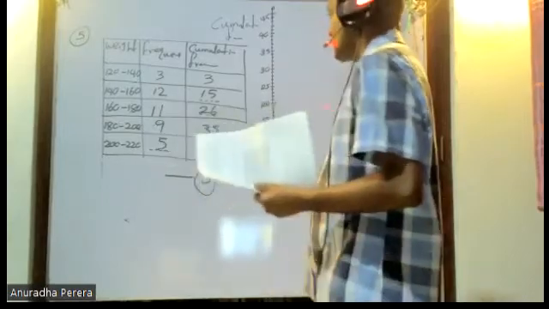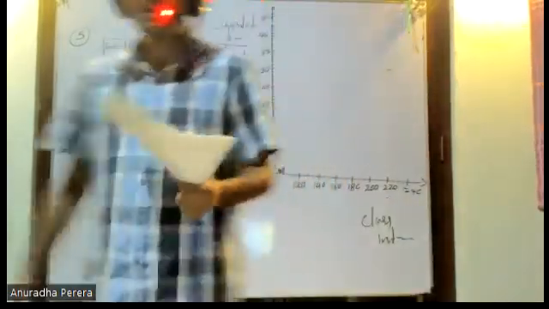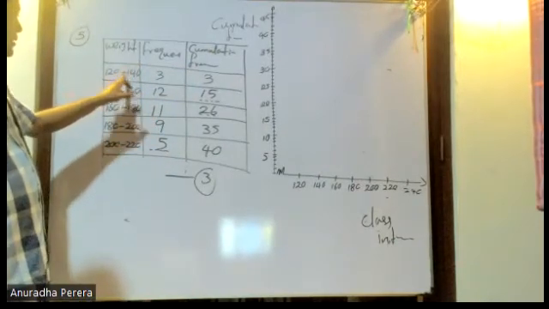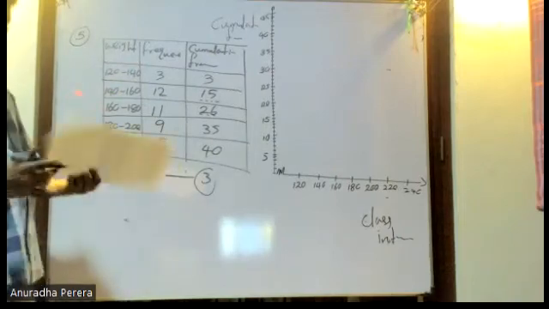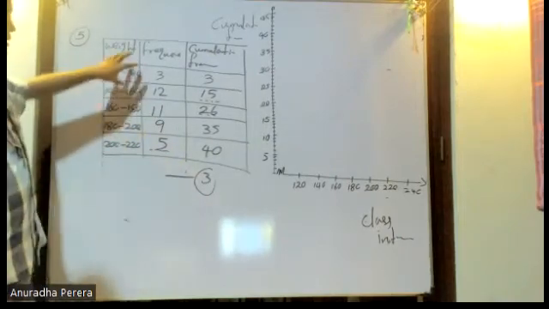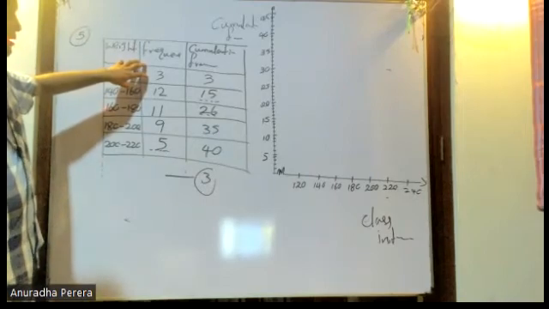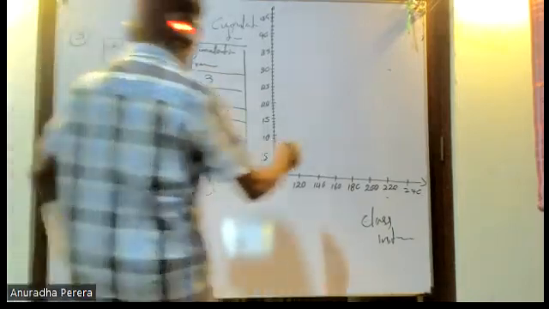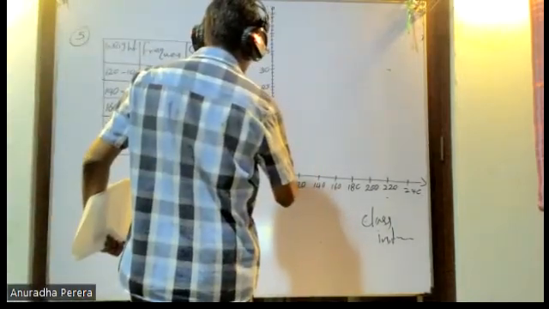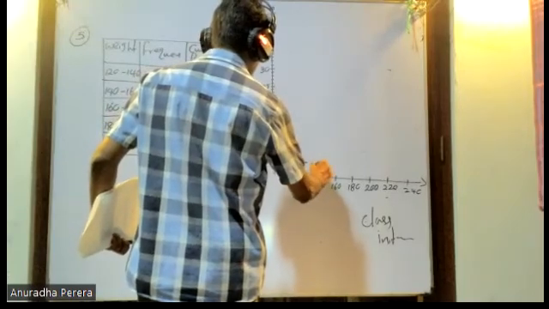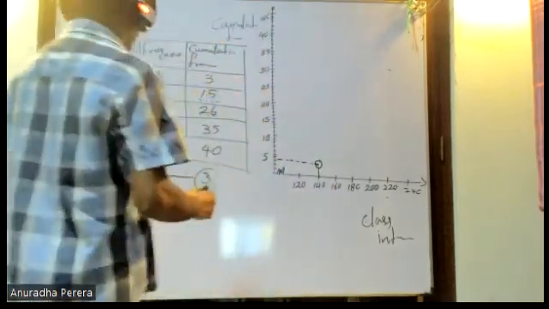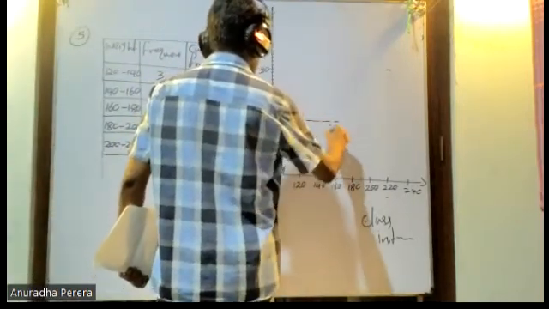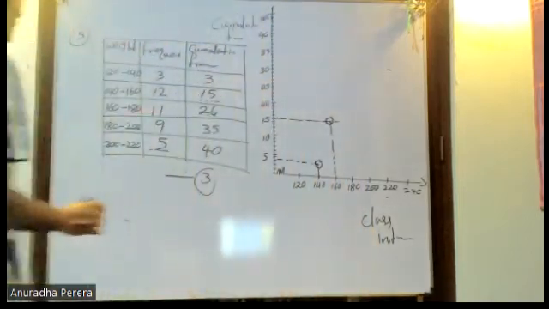We can draw this graph by using the upper limit and relevant cumulative frequency as the coordinate. 143. 160, 15. 180, 26.